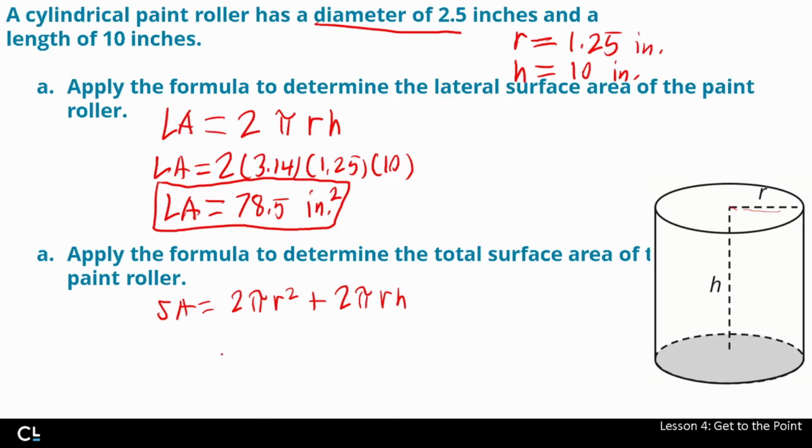And once again, all we do is plug everything in, using the same measurements as before. So the surface area equals 2 times 3.14 times r squared, which is 1.25 squared, plus 2 times 3.14 times 1.25, and finally times our height, which is 10.